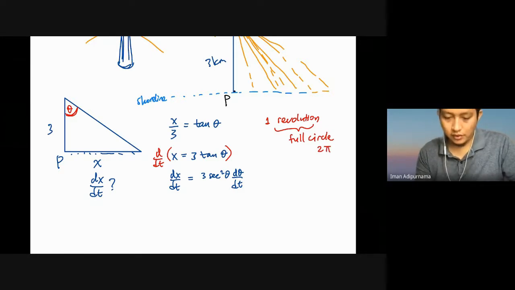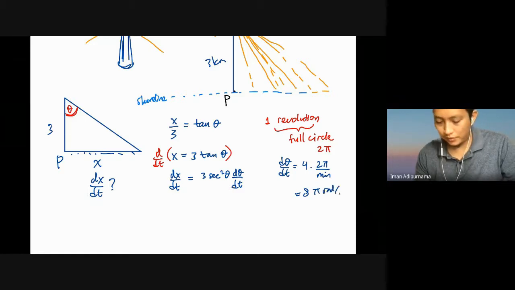So 4 revolutions per minute means 4 multiplied by 2 pi divided by 1 minute. So we have 8 pi per minute. Oh, 8 pi radians, sorry, because it's in radians.